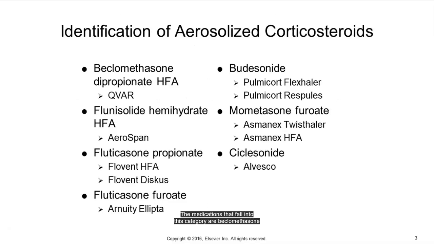The medications that fall into this category are beclomethasone dipropionate, or QVAR, flunisolide or Aerospan, fluticasone propionate or Flovent, fluticasone furoate or Arnuity Ellipta, budesonide or Pulmicort, mometasone or Asmanex, or ciclesonide or Alvesco.